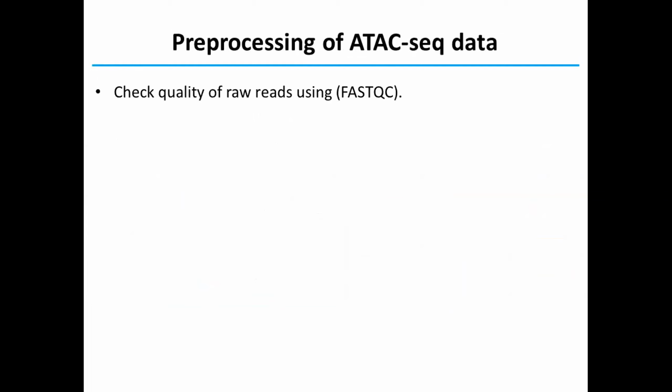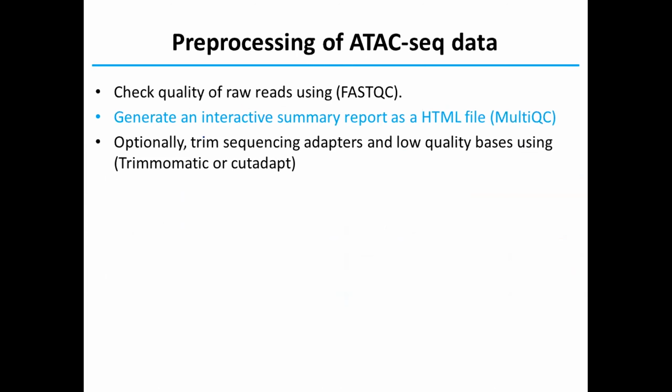First, as I said, we should check the quality of our raw reads using FastQC. If there are multiple samples, you may use MultiQC to generate a summary report in an HTML file.